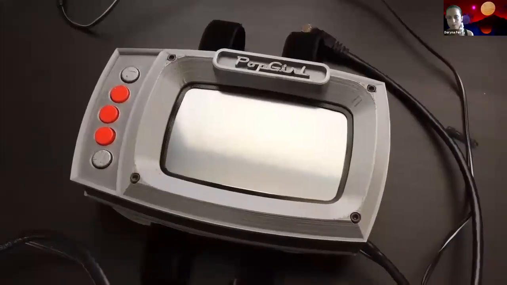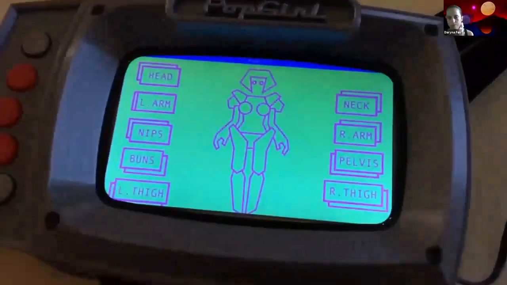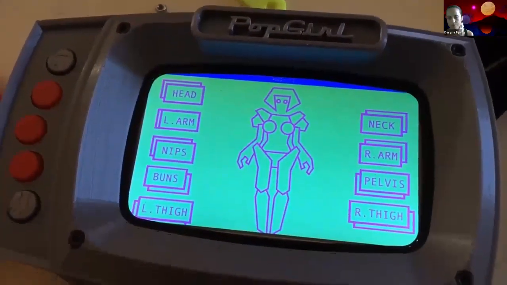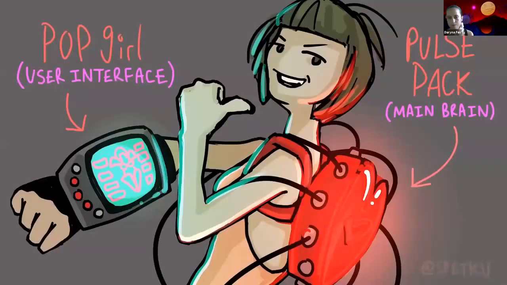The other half of the primary platform is an arm-mounted user interface that I'm calling the Pop Girl, and it acts as a status indicator for all of the things going on throughout your body. You could think of the two parts of the system as the computer tower and the computer monitor. And I'm going to show you them working right now.